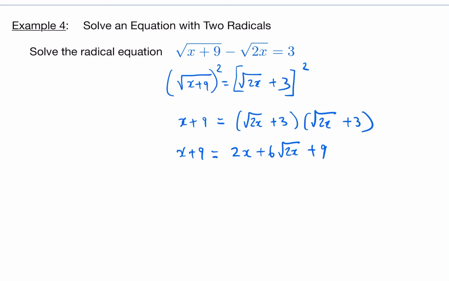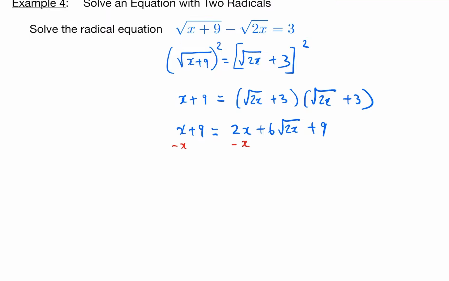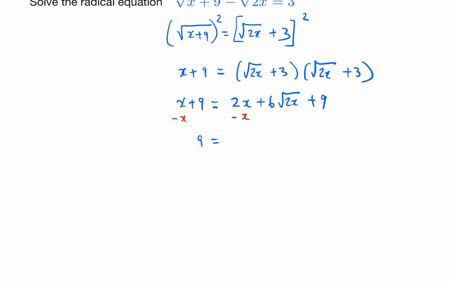Okay, and then what we're going to do is subtract x from both sides. And when we do, we get 9 is equal to 6 square root of 2x plus 9. We have 9 on both sides of the equation, so we can knock that out. And now we have 0 is equal to 6 square root of 2x.